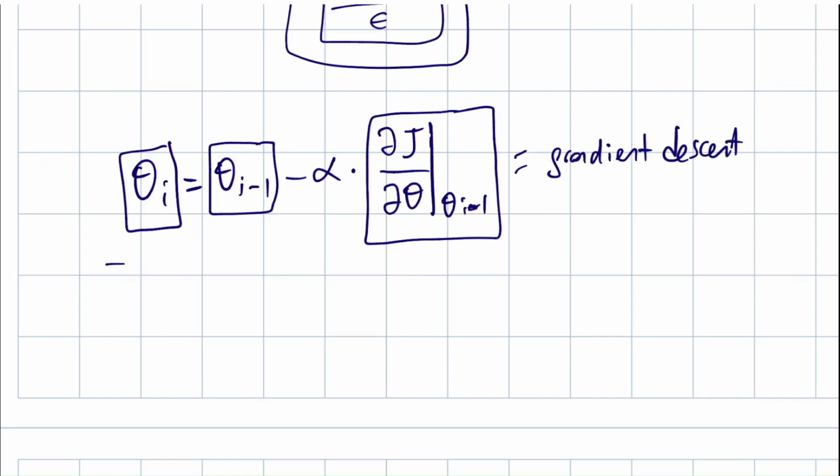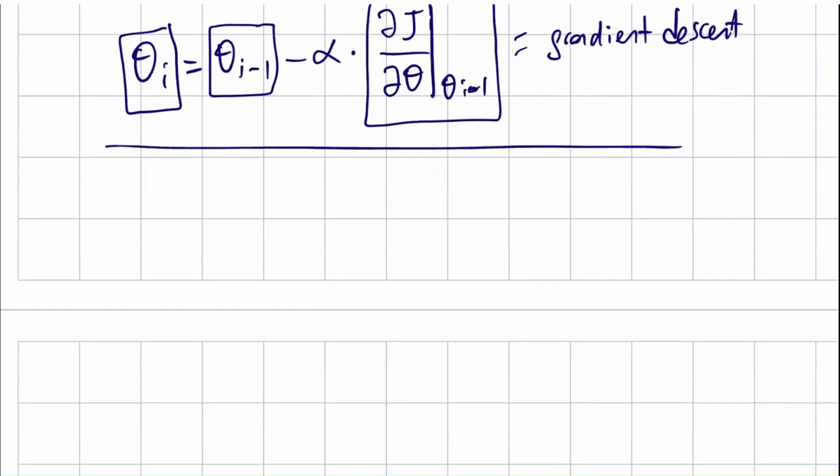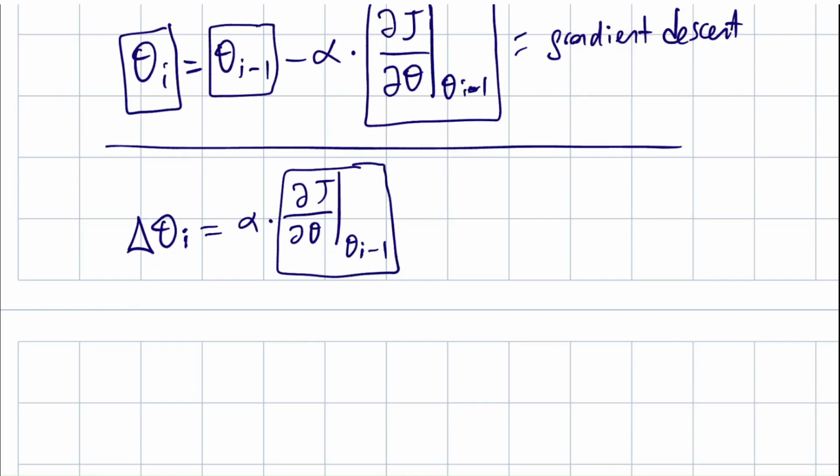And now we are looking at gradient descent with momentum. This is the current theta change, delta theta i, equals alpha, the learning rate, times the derivative of cost with respect to theta evaluated at this theta value, plus beta. We now have a beta term.